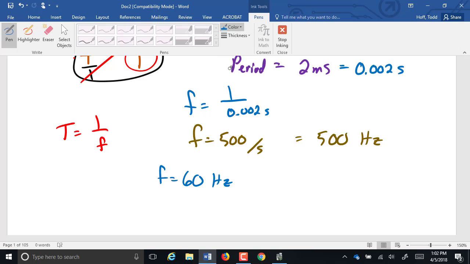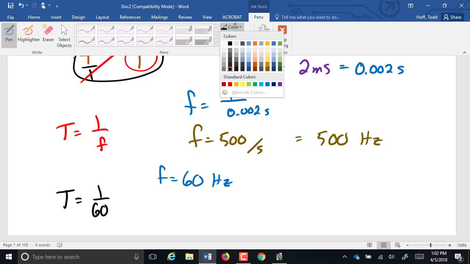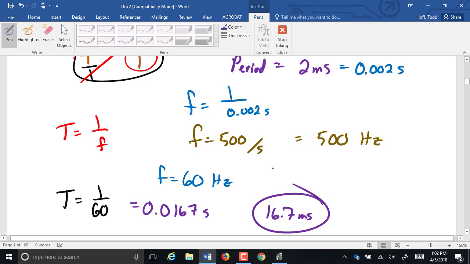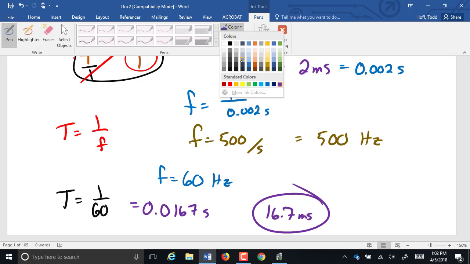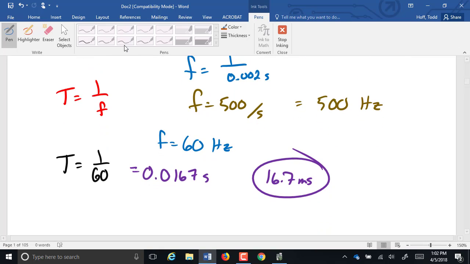So what is the period, 1 over 60 hertz? 1 over 60 is going to be 0.0167 seconds, or 16.7 milliseconds is the period. So every 16.7 milliseconds, a complete sine wave goes through that power outlet, or whatever device you're powering with it.